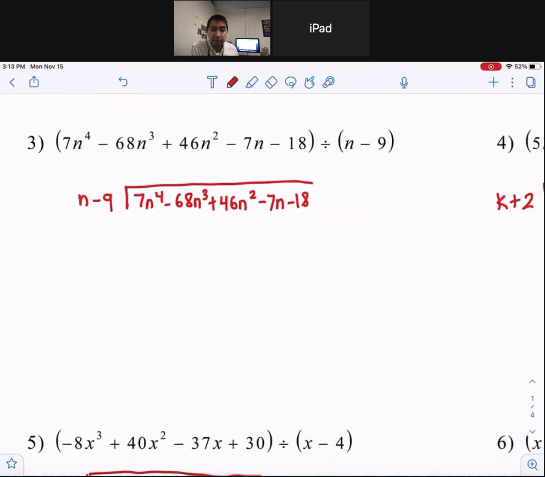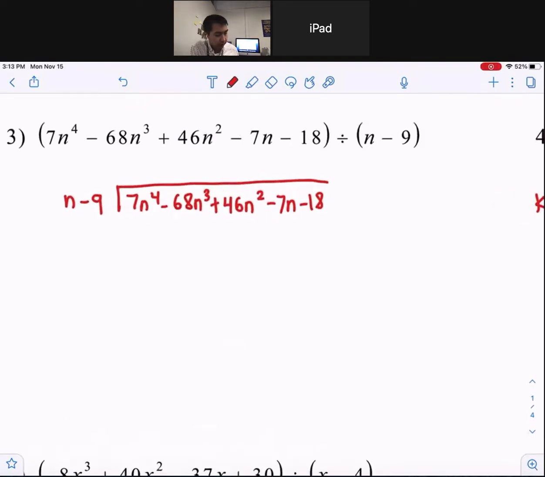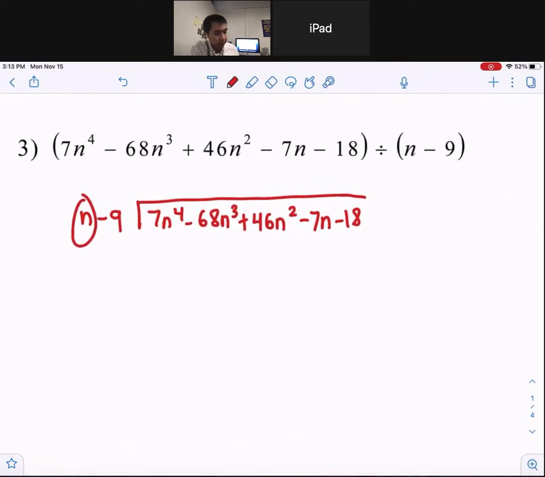Number 3. Okay, so for number 3, again, what times n will give you this first term? That would be if you multiply n times 7n to the third. And then distribute this to both. So you're going to get 7n to the fourth minus 63n to the third.